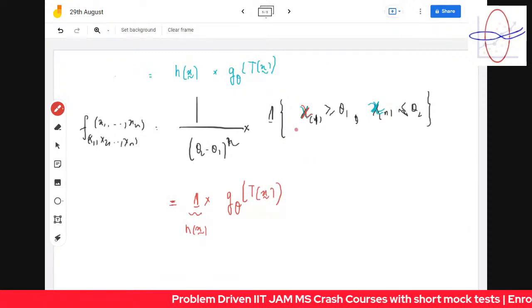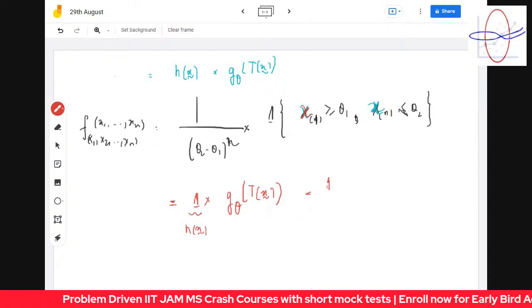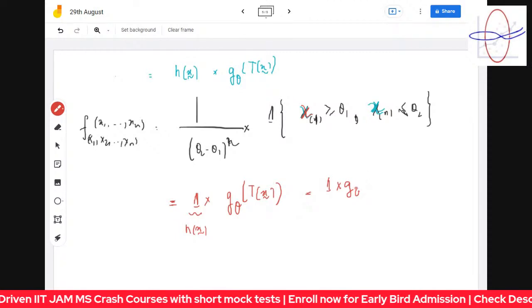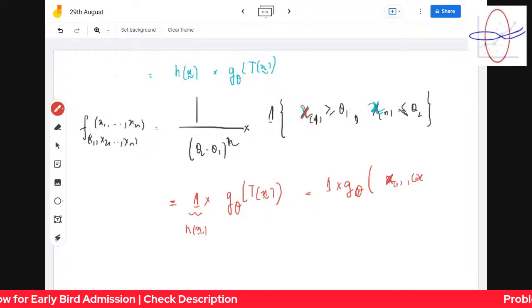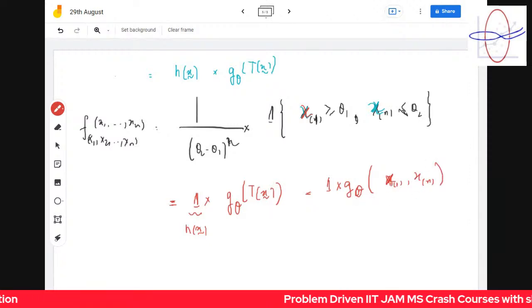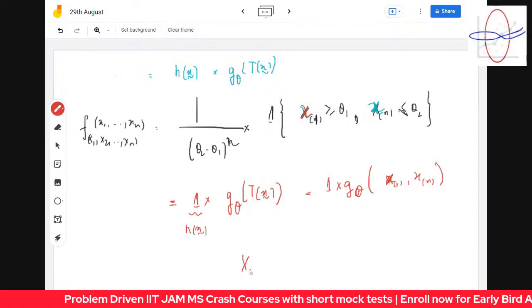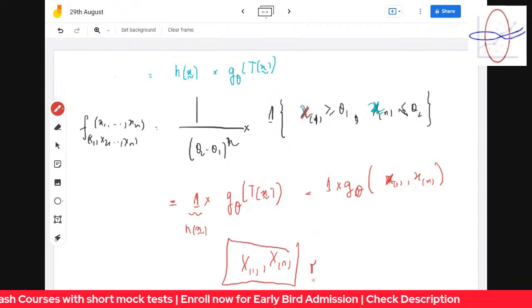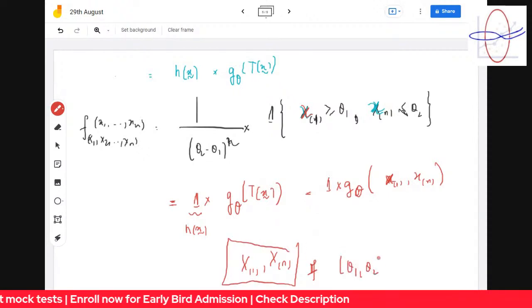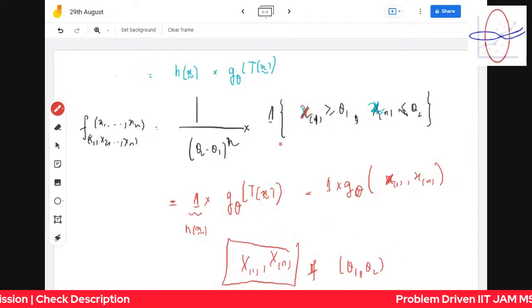Therefore, you can understand that it can be written as a function of 1 times g of theta of small x1 and small xn. That is, it can be written as a function of the minimum order statistic and the maximum order statistic. Therefore, (X(1), X(n)) is actually a sufficient statistic for the pair (theta 1, theta 2) in this case, by using the Neyman factorization theorem.